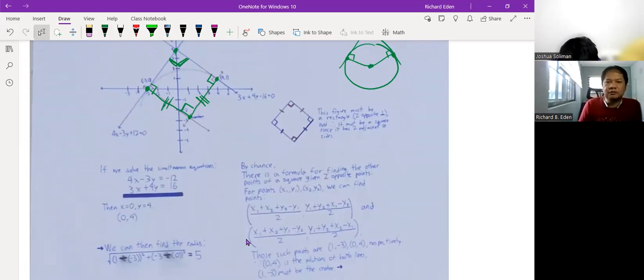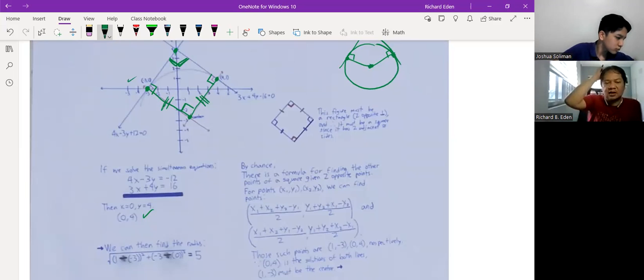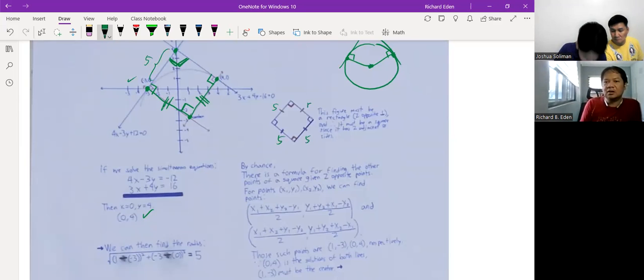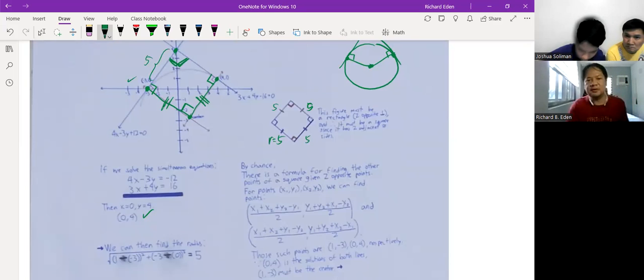Okay, 0,4, which means because you have a square, the radius is going to be equal to the distance of 0,4 from either of the 2 points. I think you used -3,0. So the distance is 5. So this is 5 units. And because we have a square, the radius turns out to be equal to 5.